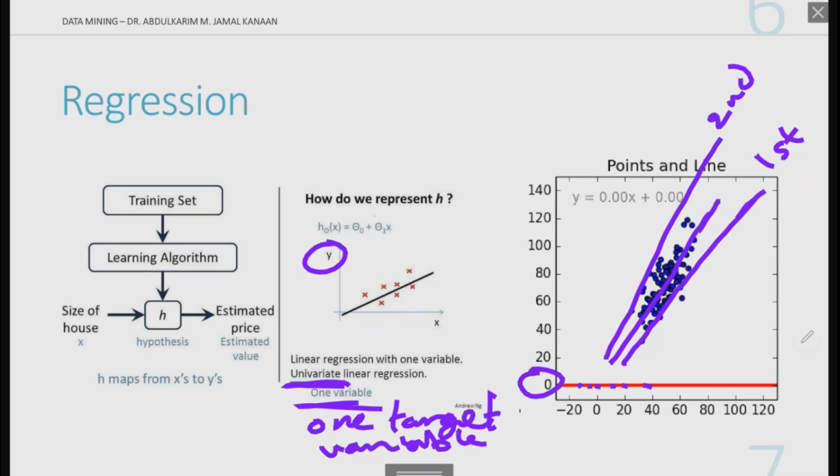Still not so good. If you calculate the MSE, it is still high. Error still high. The optimal one is probably this one, where the MSE is low. But can we say MSE equals 0 in this example? Cannot. Why?